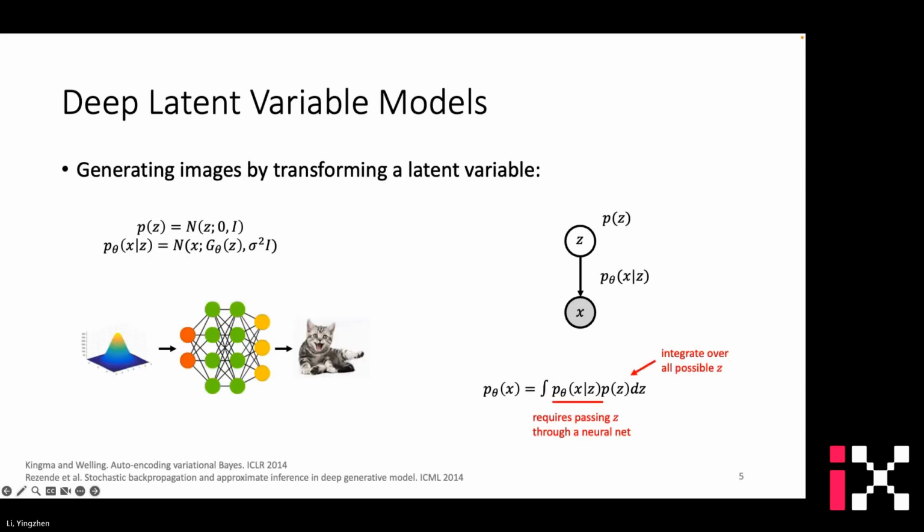Cool. The first thing to talk about here is deep latent variable models, and I'm going to use the example of generating cat images. To model the distribution of an image, you need to first understand the behavior of the image.